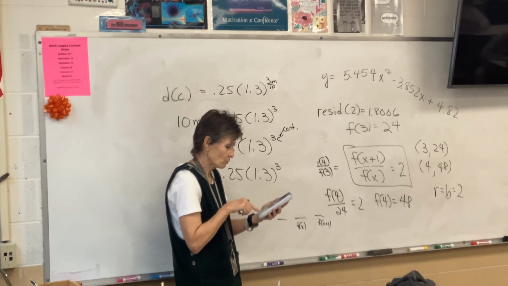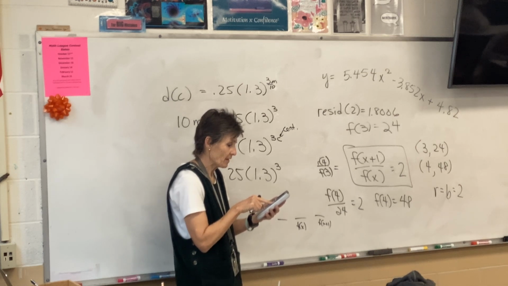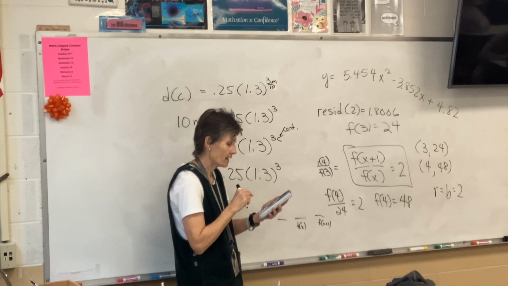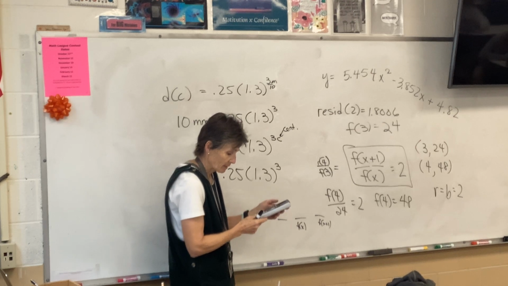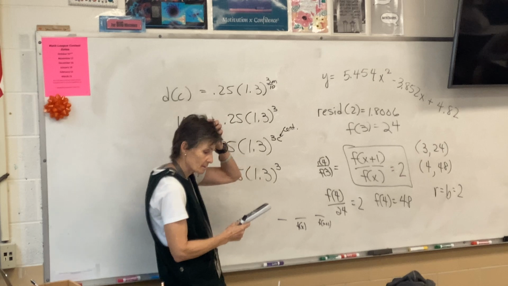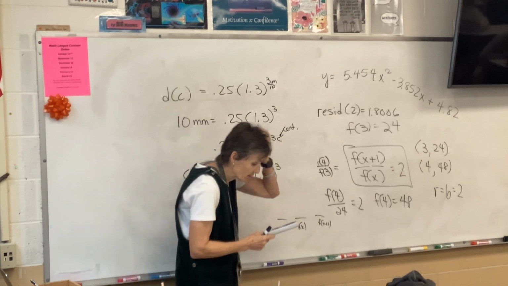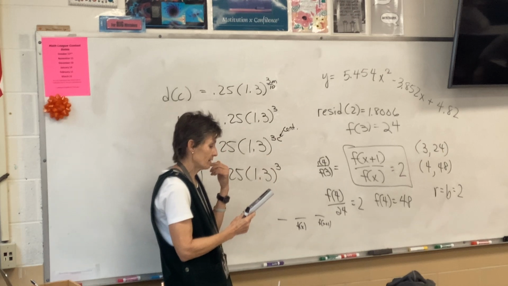If you're having trouble with your window, think about the problem. Your minimum values have to be 0, because you can't have negative years since 2007, and you can't have negative iPhones.